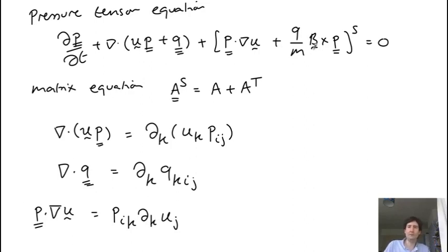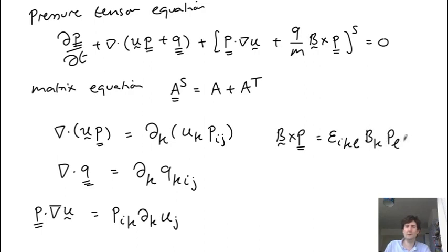And then finally this b crossed with p, so taking a cross product of a vector and a rank 2 tensor. This is again just with the first index of p, so b cross p is a tensor. You can write this as follows: the first index is going to be this, and then we have 2 indices which are going to be summed over, corresponding to b_k and p_lj.